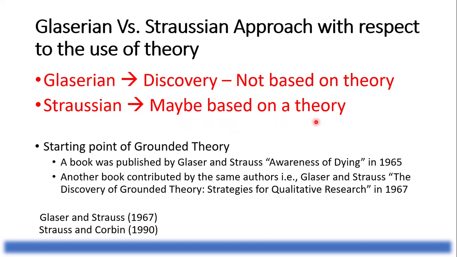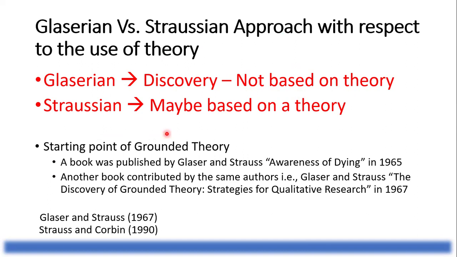There may be a theory that is not fully developed, and we need to develop it more by collecting more data. So Glaserian followers argue that there may be no theory behind, and we need to develop a fully functional new theory, while Straussians believe that there may or may not be some theory behind.